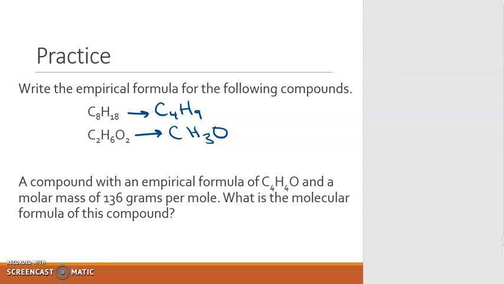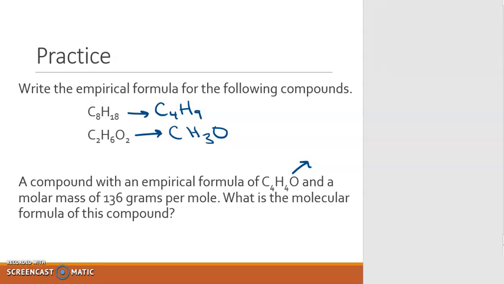And then this last question says, a compound with an empirical formula of C4H4O and a molar mass of 136 grams per mole, what is the molecular formula? First thing I'm going to do is figure out the empirical formula's molar mass.